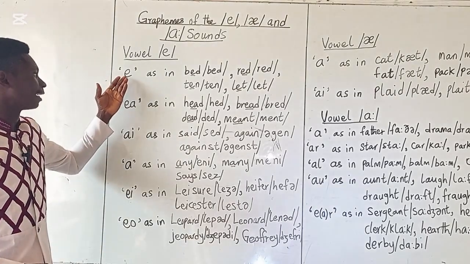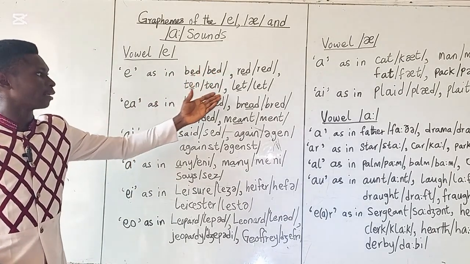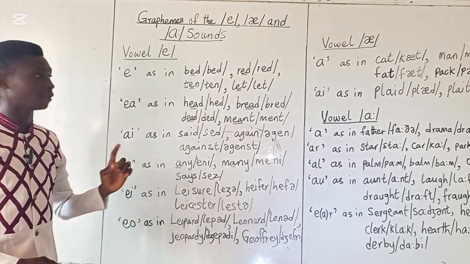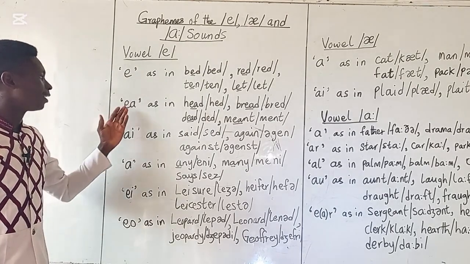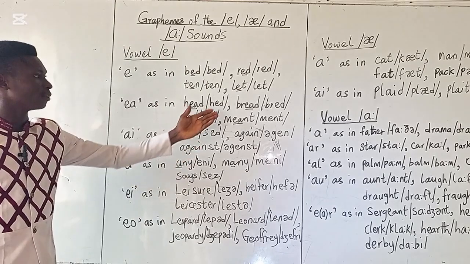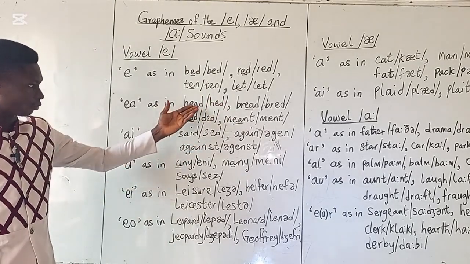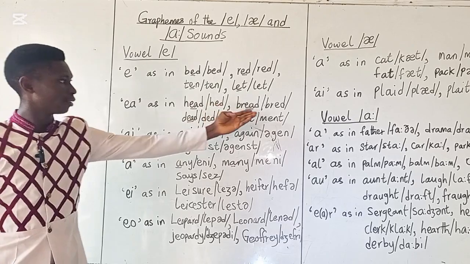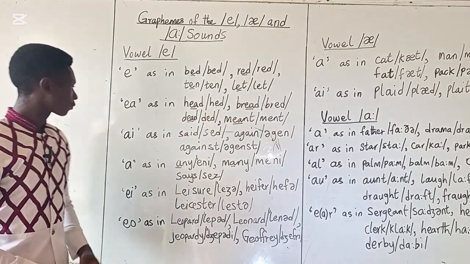So we have letter E as in bed, red, pen, let. So letter E is the most obvious spelling of the A sound. Also we have EA as in head, bread, dead, meant. I've seen the transcription. So I have here head, bread, dead, meant.